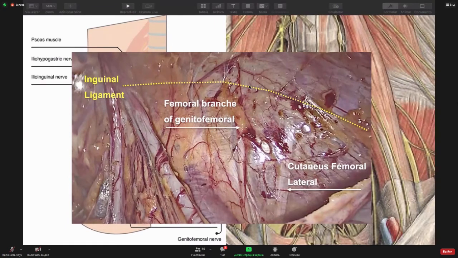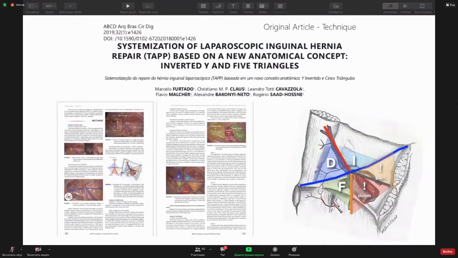Sometimes this point is 1 or 2 centimeters over the inguinal ligament, like this. So it's important to fix our mesh as high as possible to avoid these nerves.